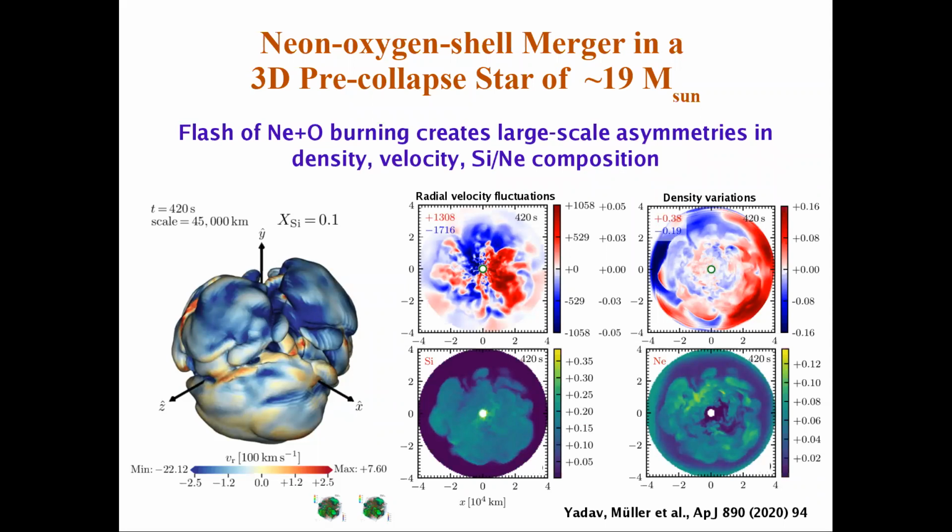And it turned out that if you take magnetic fields in non-rotating progenitors into account, magnetic fields don't do very much. They are amplified to some extent because of turbulence, but this amplification, only, let me say, in quotation marks, may push the onset of the explosion a little earlier.